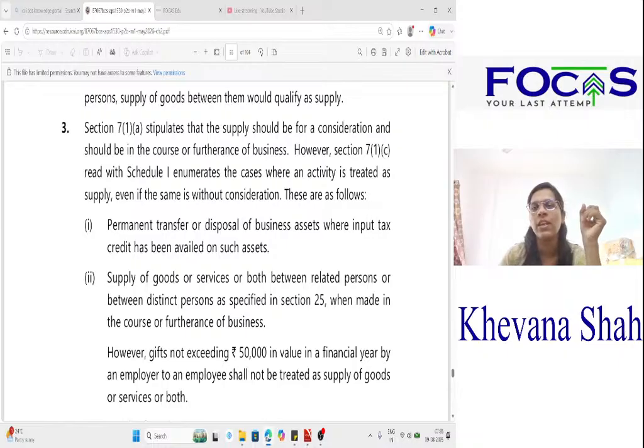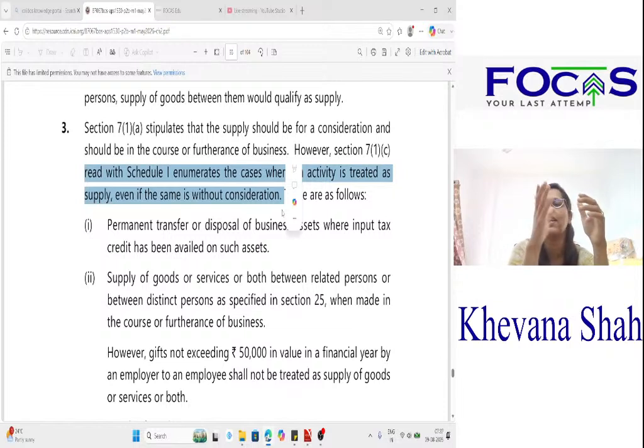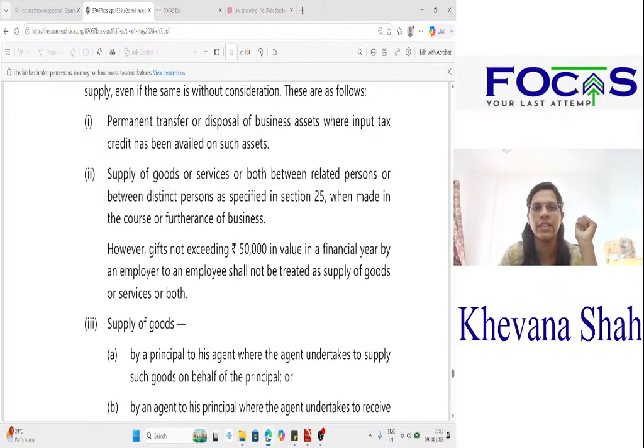Now Section 7(1)(c) read with Schedule 1 enumerates the cases where an activity is treated as supply even if the same is without consideration. So even if consideration is not there, still there are certain activities which are considered as supply as per 7(1)(c) read with Schedule 1. So which are the cases?